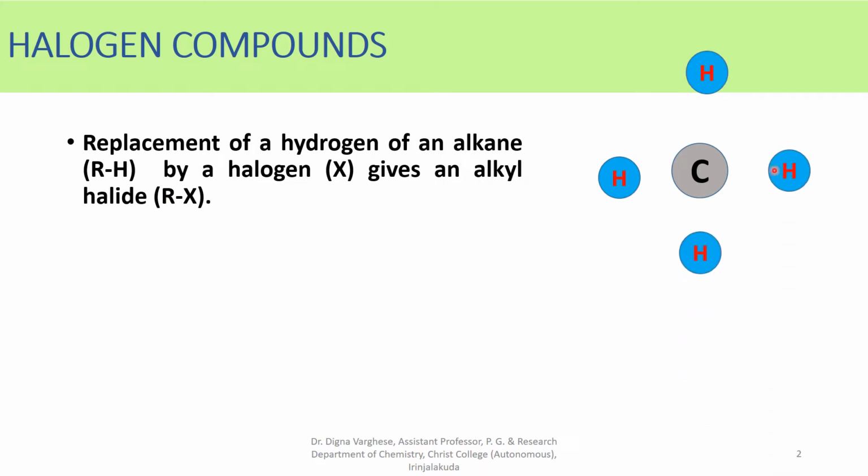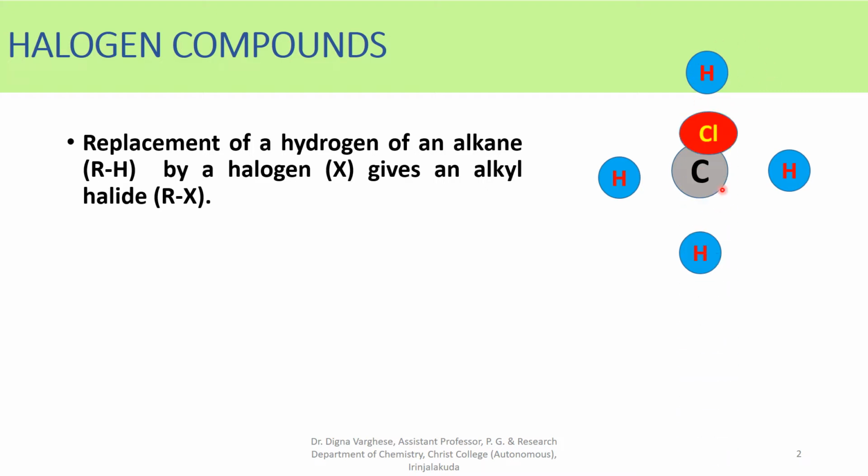Here you can see a methane molecule, that is a hydrocarbon in which a carbon atom is attached to four hydrogen atoms in a tetrahedral fashion, forming the methane molecule. One of the hydrogen atoms of methane is replaced by a halogen.